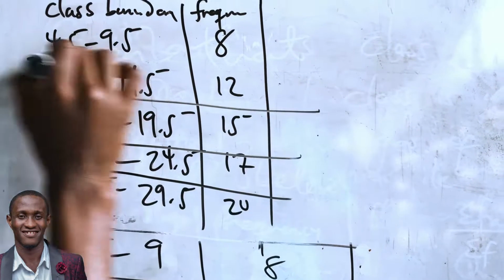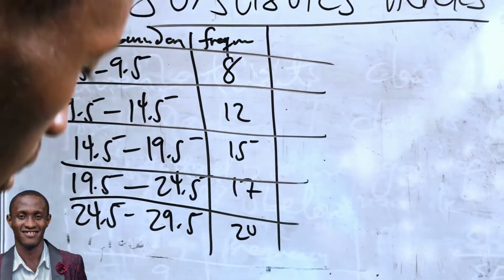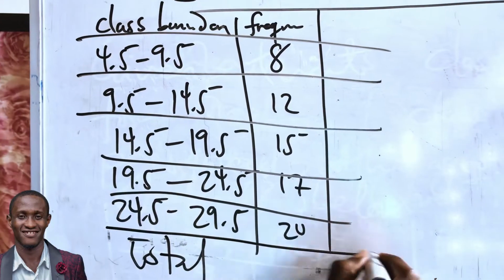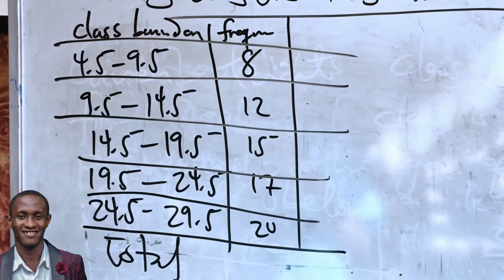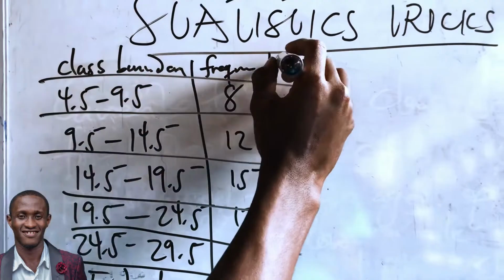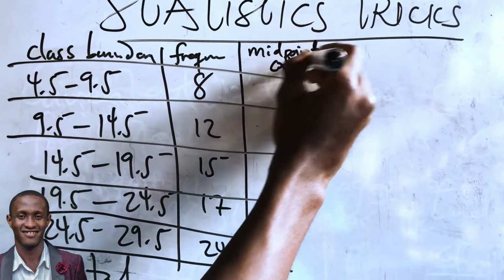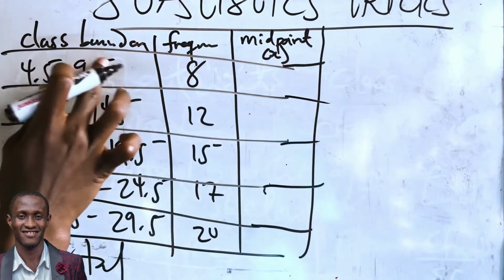Okay, so I'll clean this table, quick one. Then I'll bring the total here. Based on what they are going to ask us, this is the class boundary, not the x that we need. So we have to find the x. The x is the midpoint of the class boundary, so you add the two boundaries and divide by 2.